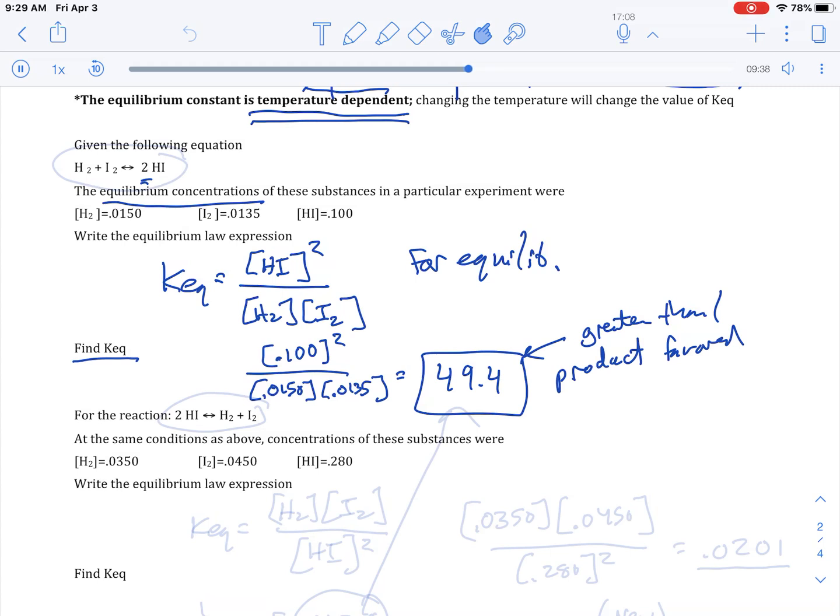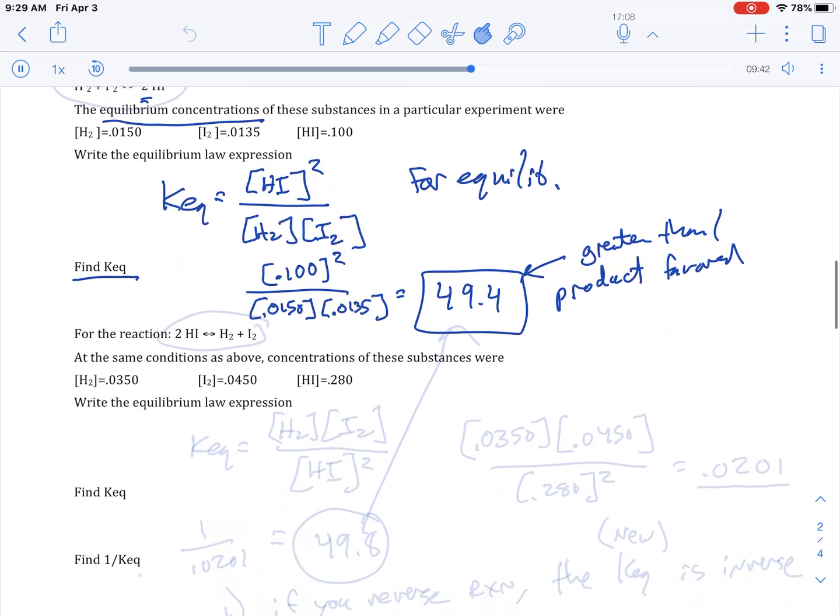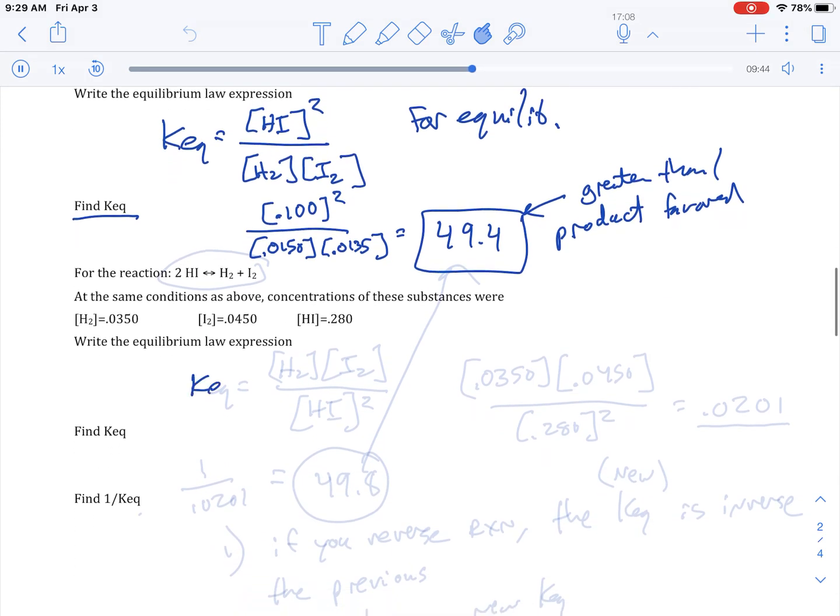Okay, let's try the second scenario. For this reaction, let's write the expression. So KEQ, we take our products. In this case, the reaction is written in reverse. So we have hydrogen times iodine over the HI. The HI is still squared. So we plug in the values that we have. Hydrogen is 0.035.